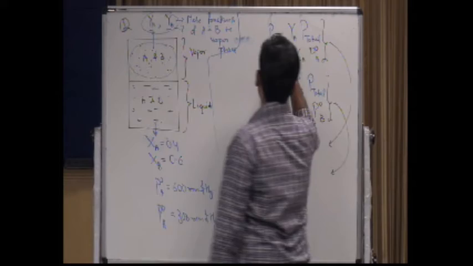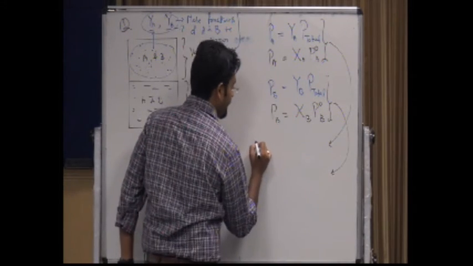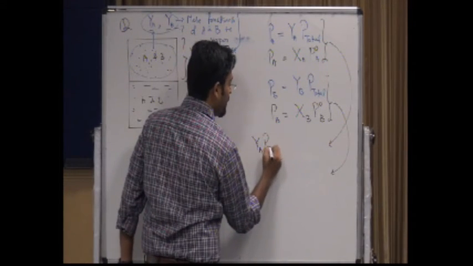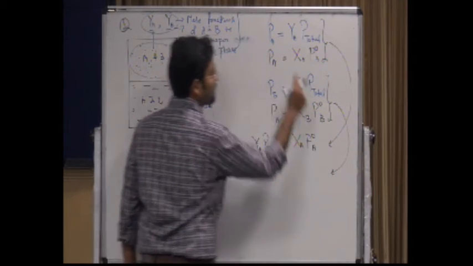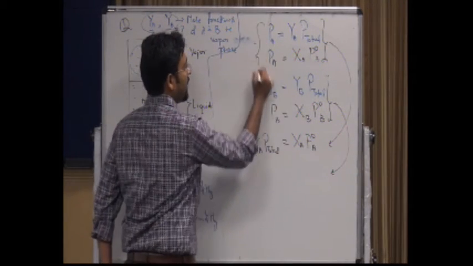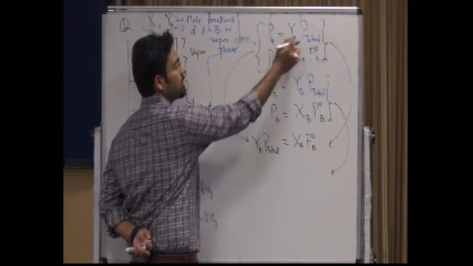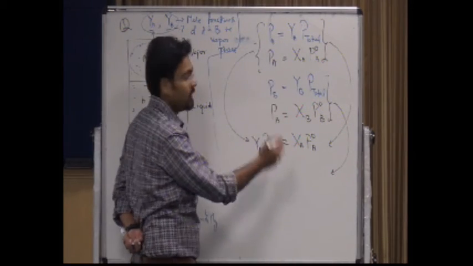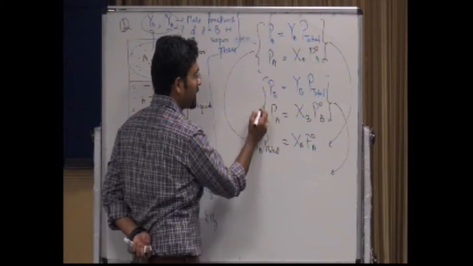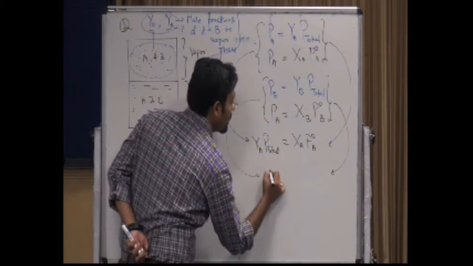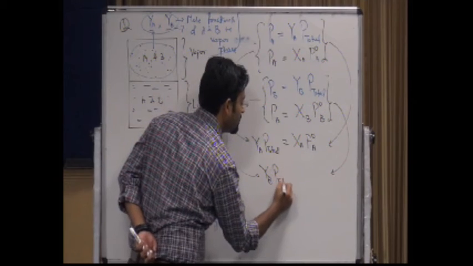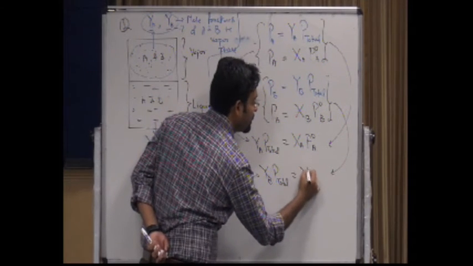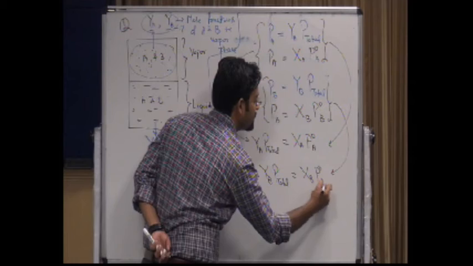If I equate these two equations, I'll get Ya into P total is equal to Xa into P naught A. Are we okay with it? I've just equated the two equations, so I'll get this, right? In this case, again, equate the two equations, you'll get Yb into P total is equal to Xb into P naught B.